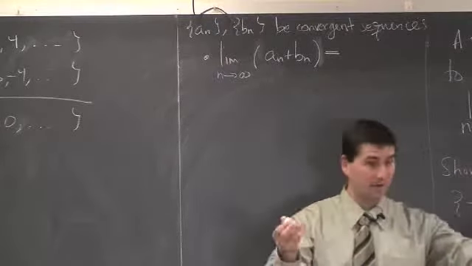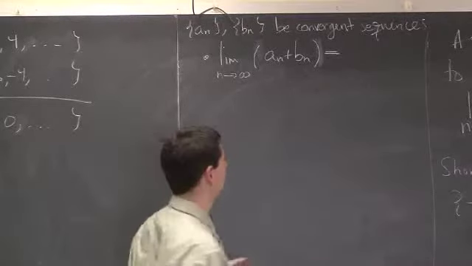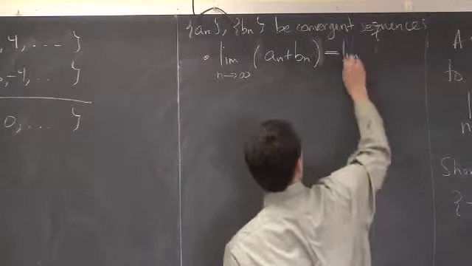Yeah, adding up their limits, right? The limit of a sum, it would be nice if that would be the sum of the limits. Right? And that's exactly what happens.